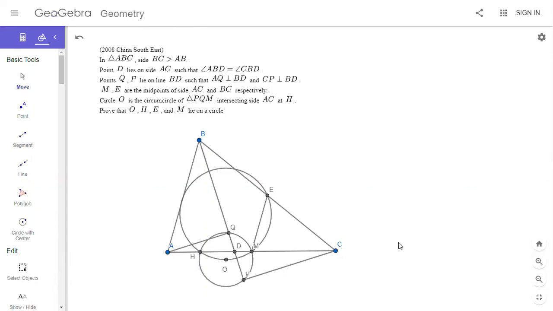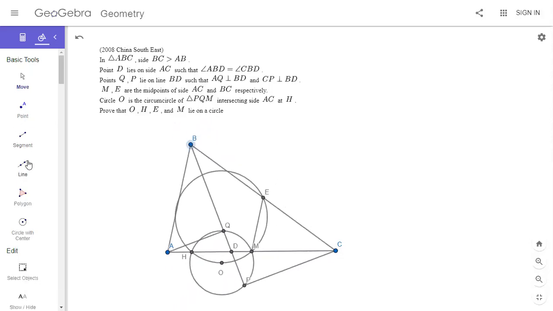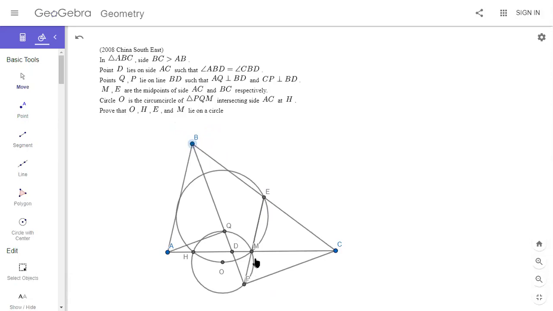How would we prove that? And yeah, that would mean BAHQ would be cyclic. Is that an angle chase? Yeah, I think that is an angle chase. Are PM and E collinear? I think they might be. It sure looks like it. Yeah. Let's see.